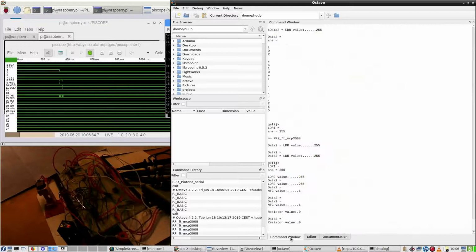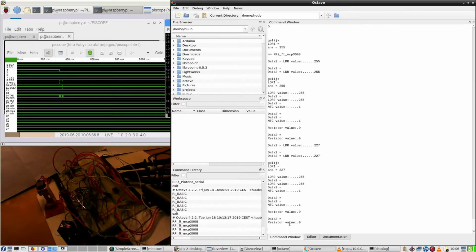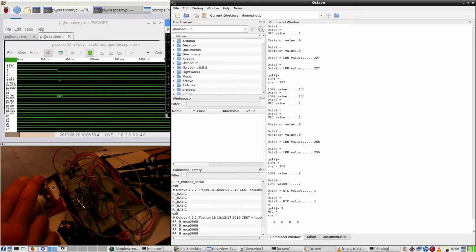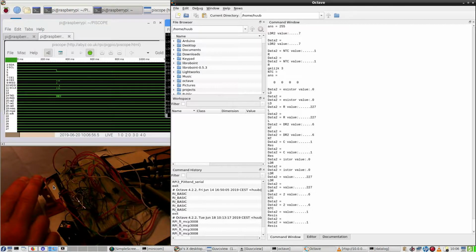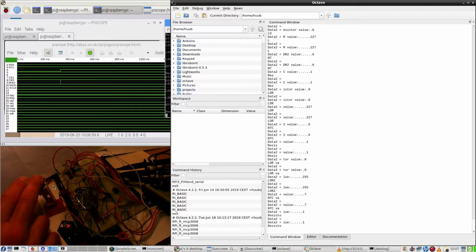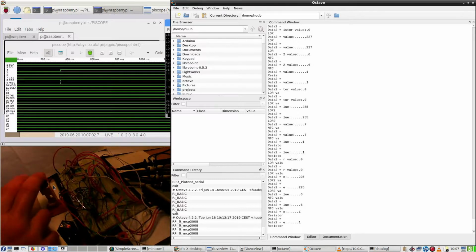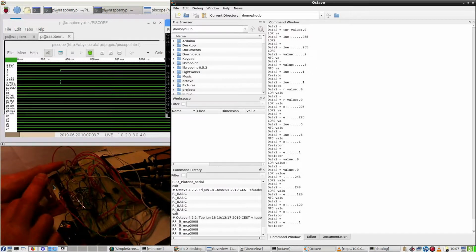Let's see. Yep. Except that I need to have a lot more values. And I have to be patient.